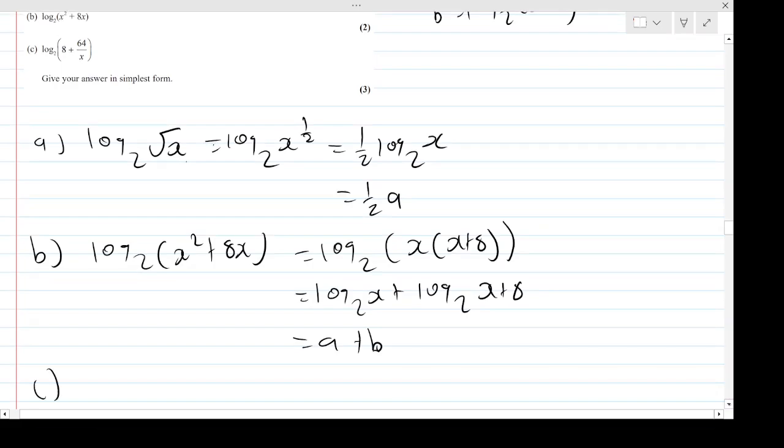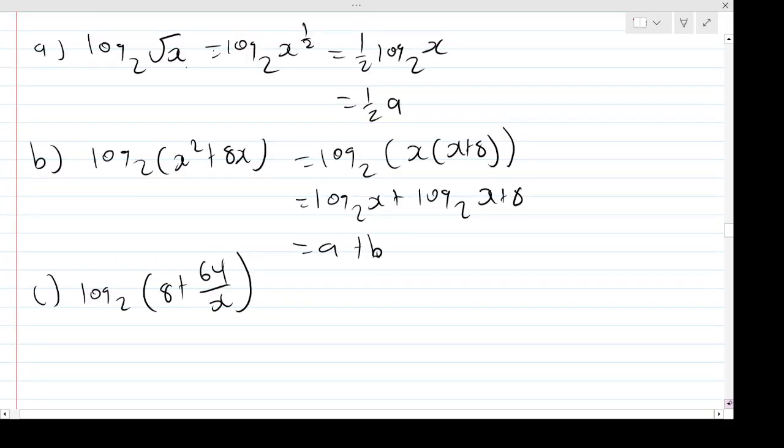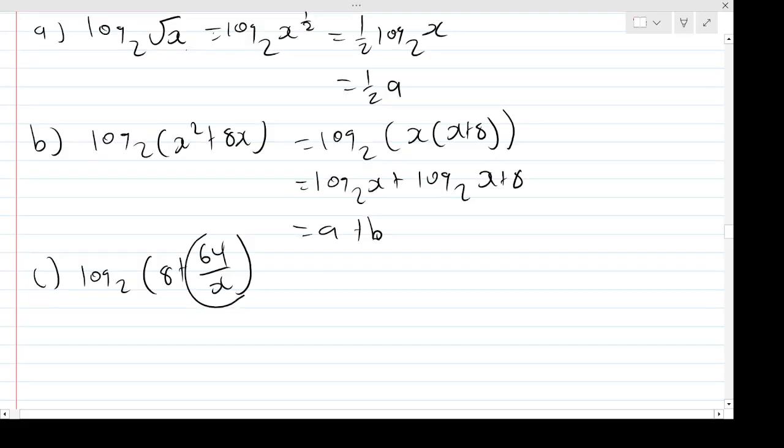Okay. Part C, we need to find log base 2 of 8 add 64 over x. Right. So again, I notice I have a division here, but that's kind of affected by the adding 8. So what I can do is just add the two parts. I can combine this as one fraction, because remember 8 is just 8 over 1 effectively.